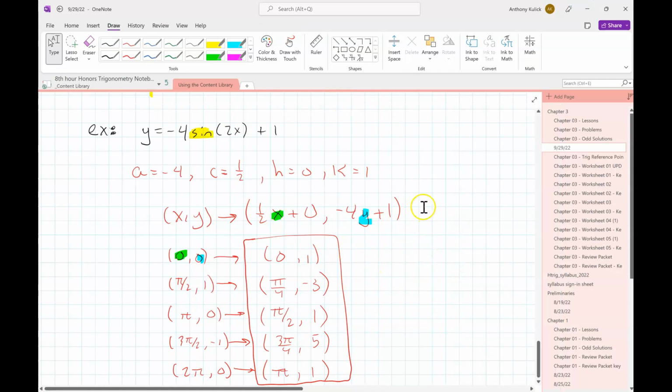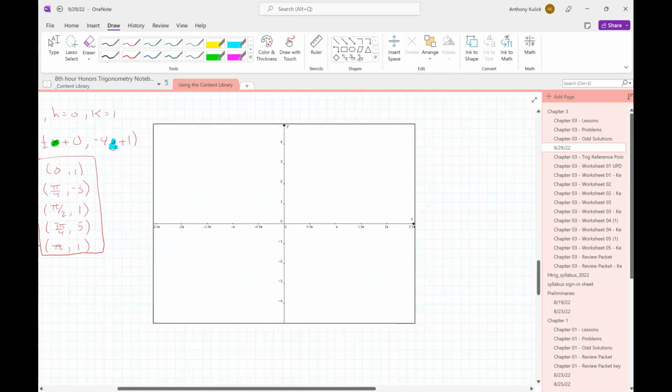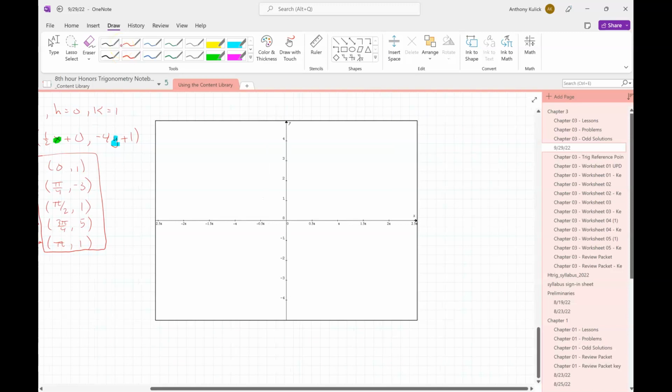Okay, so I'm going to drop in some graph paper, and then I'm going to plot my points. So 0, 1. And then pi over 4 is like 0.25 pi, so that would be right there. And then -3. Then I have pi over 2 and 1. So pi over 2 is like 1/2 a pi or 0.5 pi.